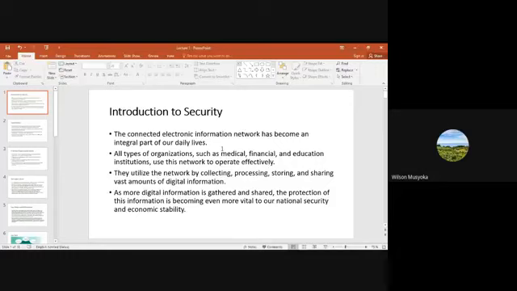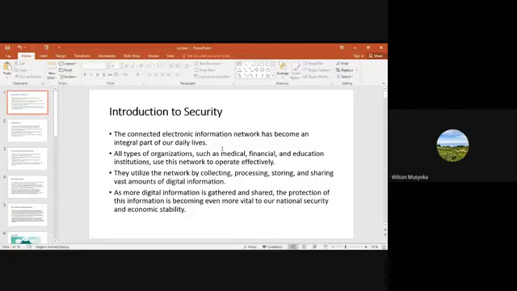So when we want to understand security, we need to look at it in terms of where information systems are applied. When we are talking about security, we talk about it because right now, like I just said, electronic information has become an integral part of our daily lives, whereby we use information systems to connect socially, for education, for entertainment, for business, and all of those factors.